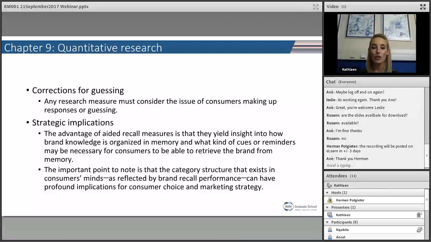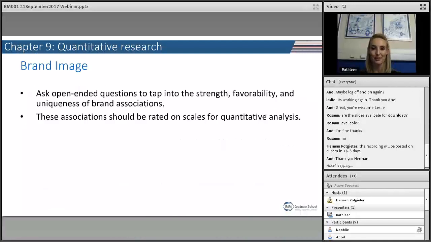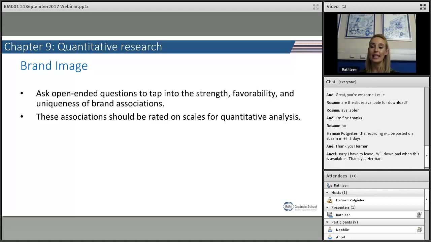It is also important to note how the categories of products are structured within customers' minds. We don't all group products and brands in the same category. And it can be insightful for us to see how different segments of the market group our brand or who they see our competitive frame of reference to be. And that is then in line with how they view points of parity and points of difference.